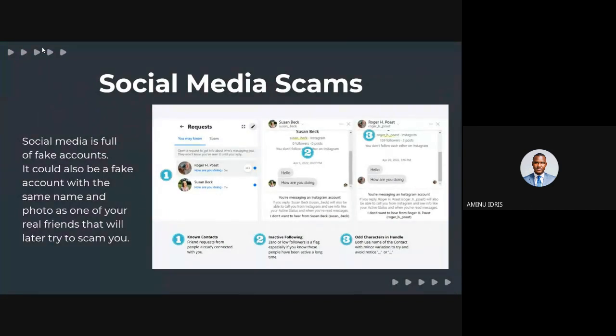So we have to be very careful. It is not everything you see on social media that is real. A lot of things are very fake. So always, if you find yourself in such a situation, you have to do research about it.